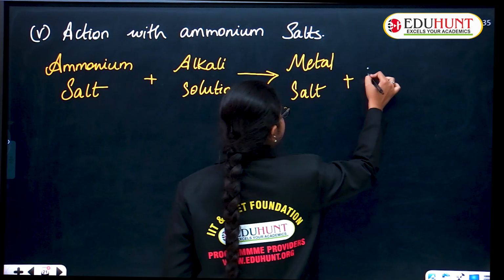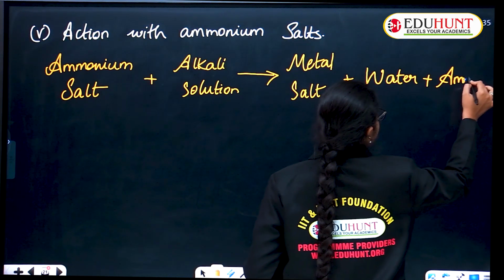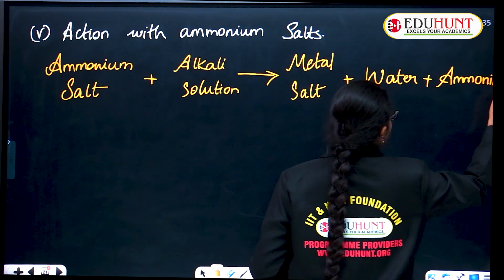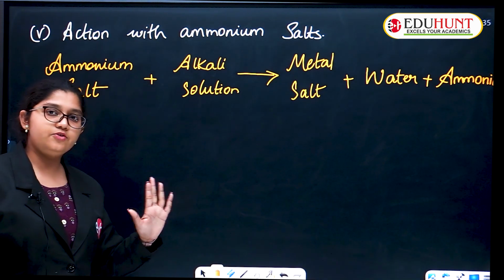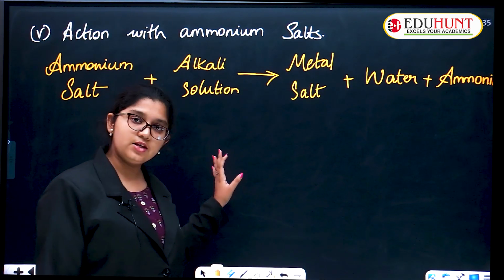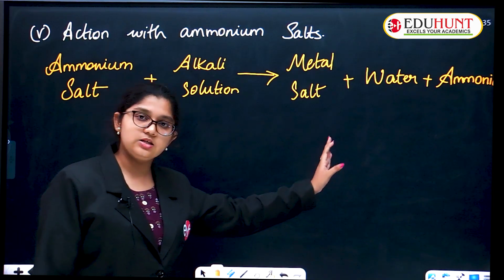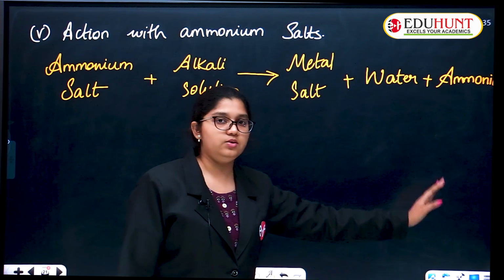Okay, metal salt plus water plus ammonia. Ammonia gas, NH3, yes. Okay, this is the particular equation for the fifth general property. Taking an ammonium salt, let's add alkali solution to get metal salt plus water and ammonia. Okay, water, ammonia, common, children. Okay, we will get all this.